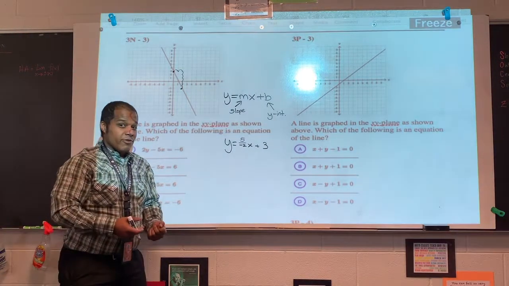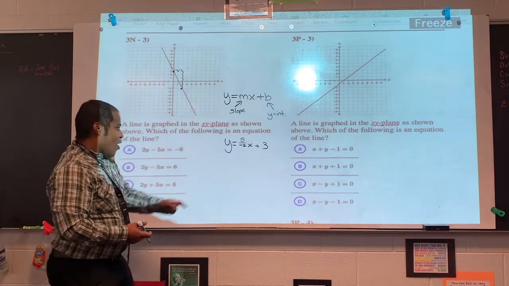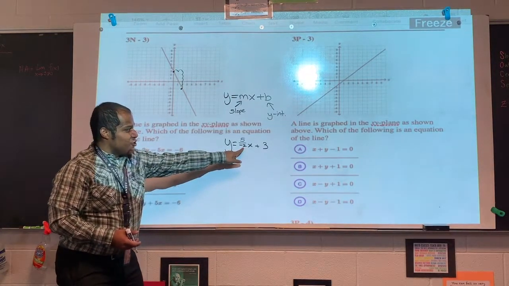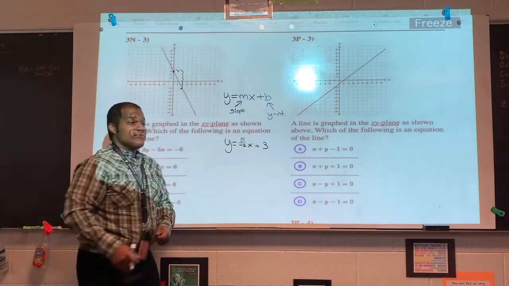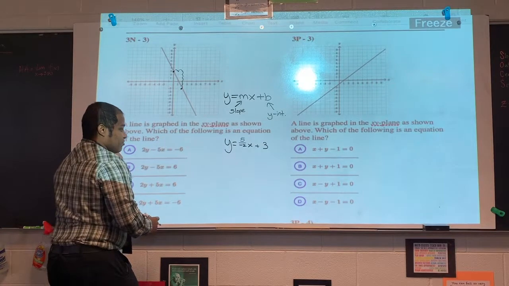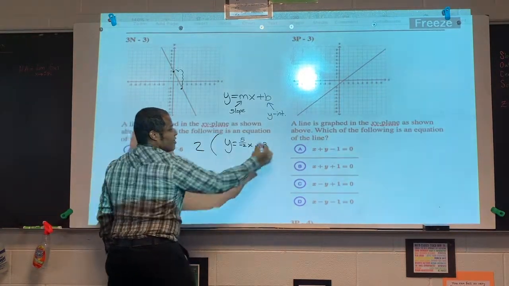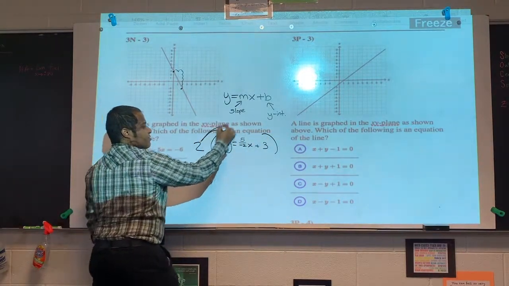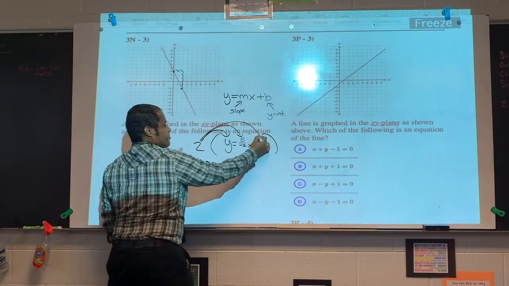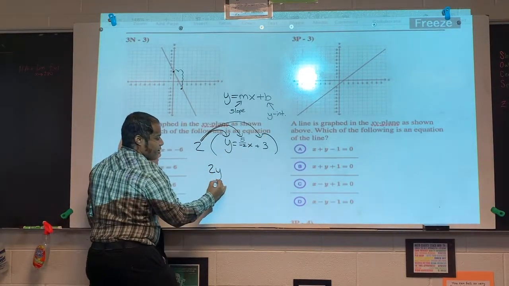We're going to do this similarly to how we did it before. We need to get rid of this 2 in the denominator by multiplying everything by 2. So I'm going to multiply everything, all of it, by 2. 2 times y is a smooth 2y.